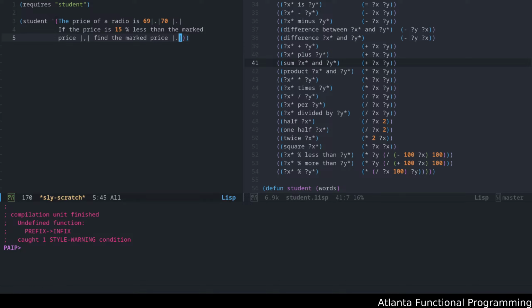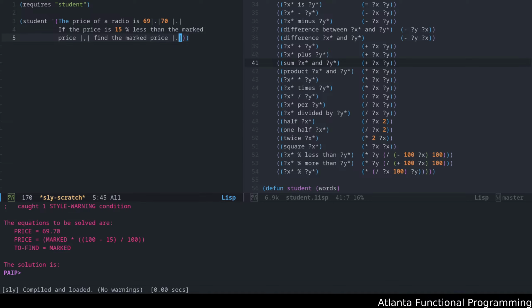Okay, so when we did this last time, we noticed that it was creating this set of equations, and we're trying to find the... So essentially what's happening here is, if you can think of these as systems of linear equations, we would have to substitute 6970 into the second equation, solve for marked, and then to find will equal marked.